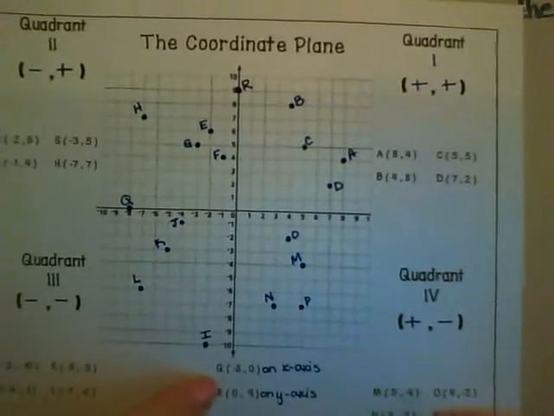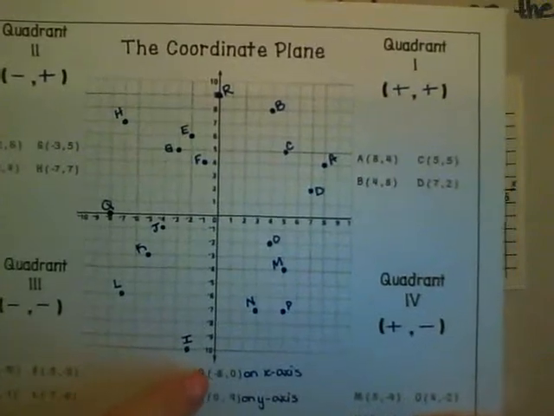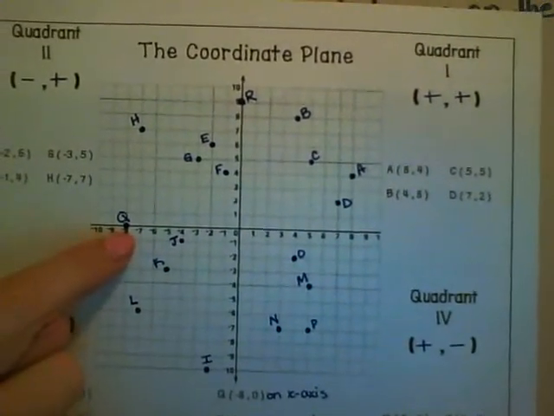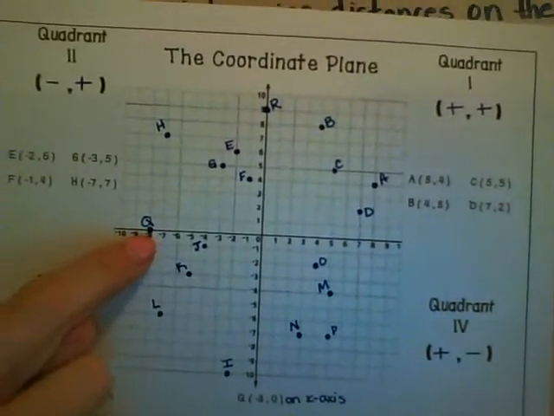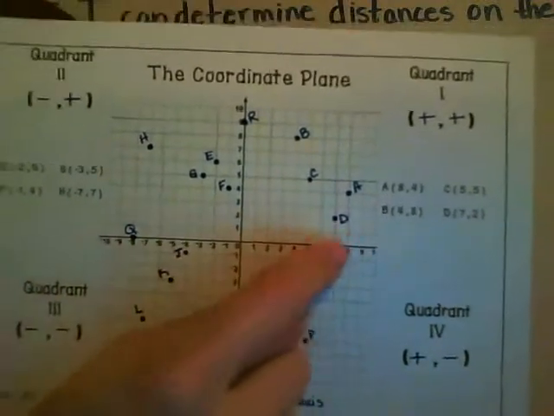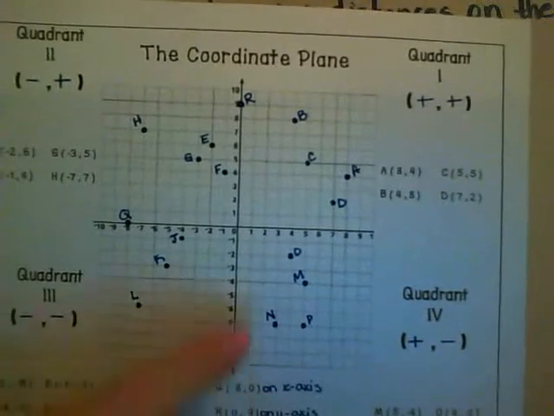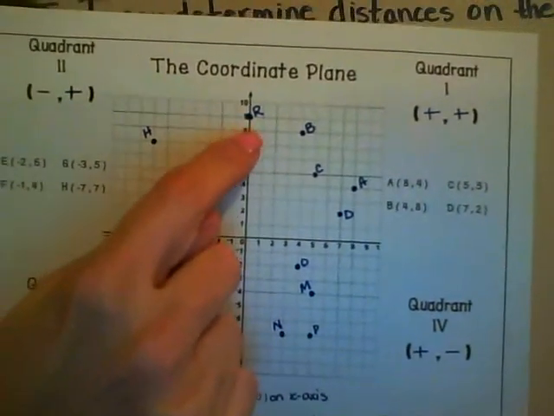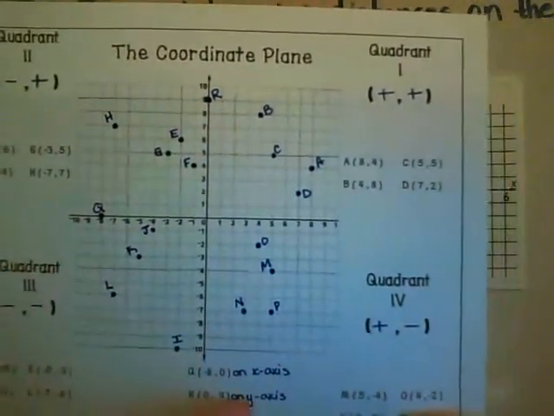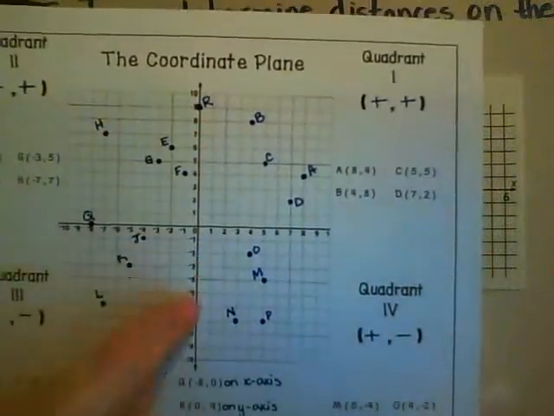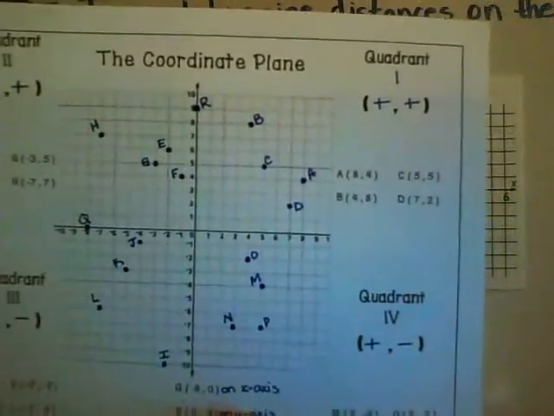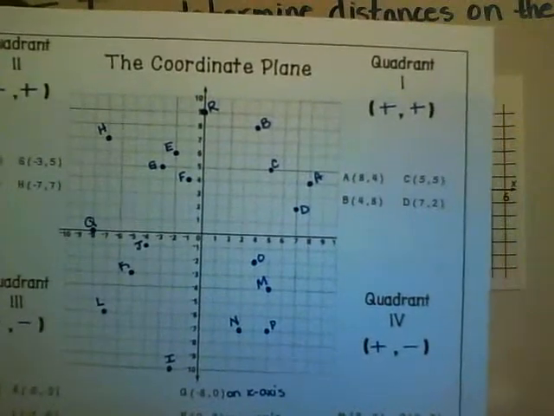Look at point Q. Q is right here, so it actually landed on the x-axis. So I marked that. And R is up here. It landed on the y-axis, so I marked that on the paper, okay?